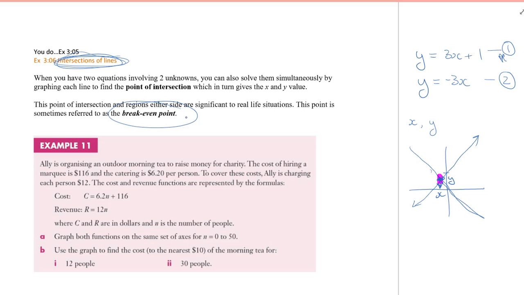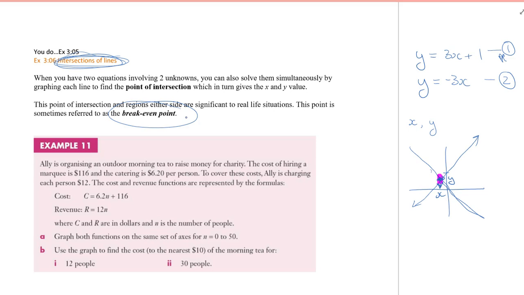So you want to be in a situation where you are making a profit, and once you draw these graphs, you're able to see where you need to be operating in order to make a profit.